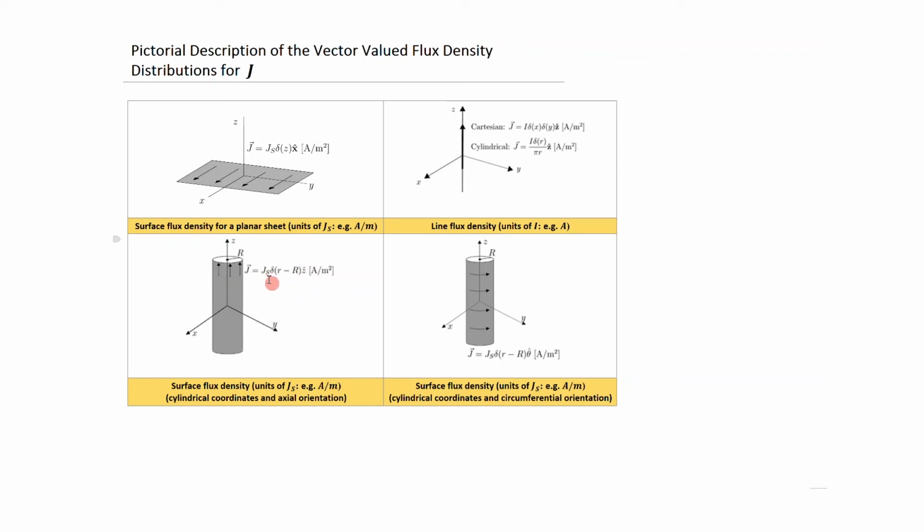Again, J subscript S represents the surface current flux density, which has units of amps per meter. This is a case where the current flux density is in the circumferential direction. If we're dealing again with a cylindrical coordinate system, this direction would be representative of the theta hat direction. But again, it's on a surface, and that surface exists at r equals capital R. So this still is delta of r minus R, and this is a surface current flux density, J subscript S.